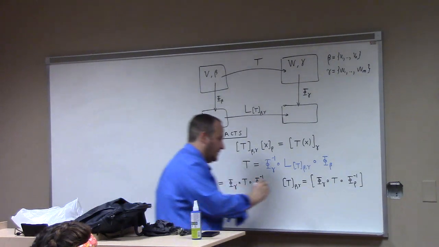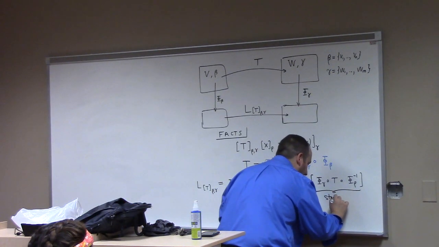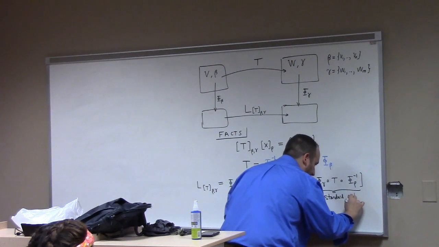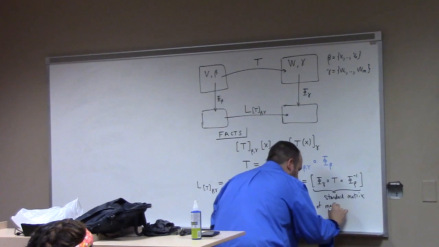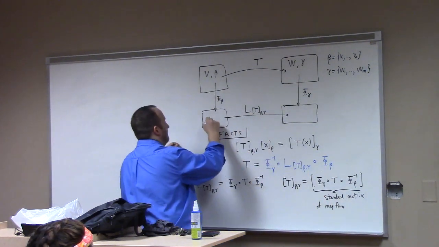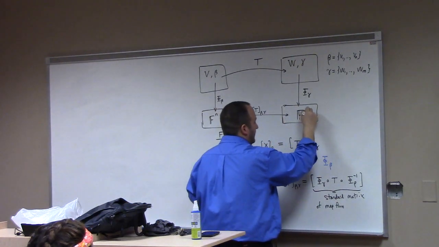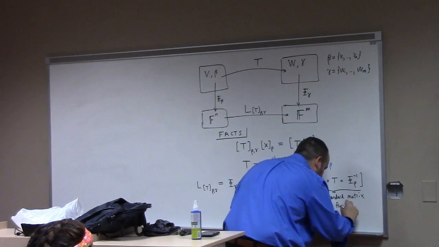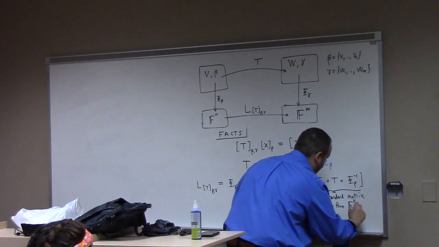So on this side, I'm saying the standard matrix of this map, the standard matrix of the map from Fn over here to Fm. I'm putting F's here, but honestly, folks, I almost always just ask you about real vector spaces.